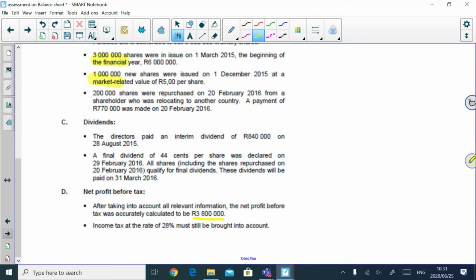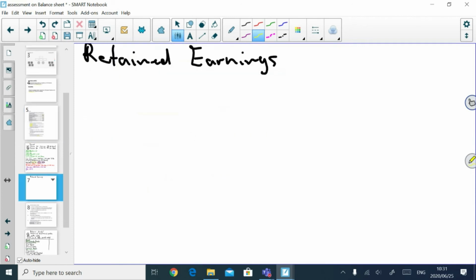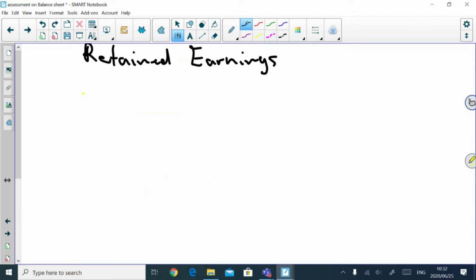For the retained earnings, the net profit before tax was accurately calculated as 3.8. That is your net profit before tax. So we want to calculate the retained earnings. We'll start by putting this amount and calculating the 28%. So we'll say 3.8 is 3,800,000.